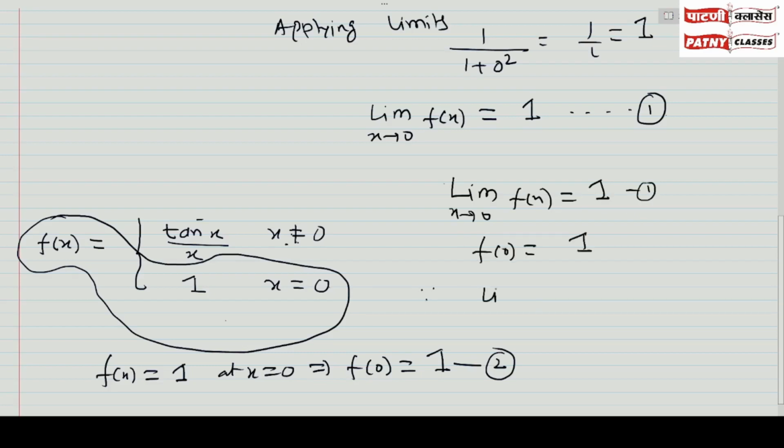Since limit x tending to 0 f of x equals f of 0, which is nothing but the condition for continuity of a function, and both results are equal, we say that the given function f of x is continuous at x equals 0. Hence the result.